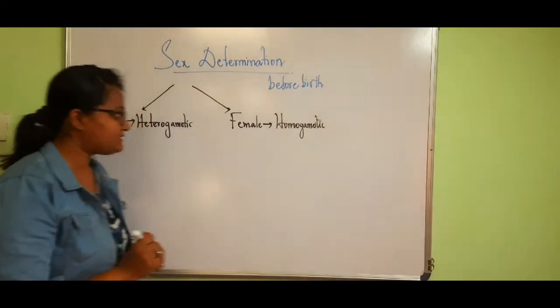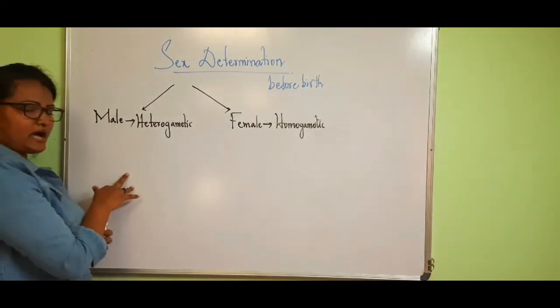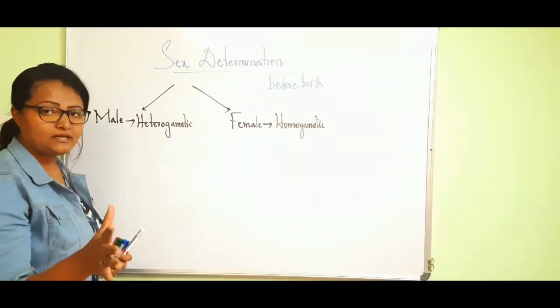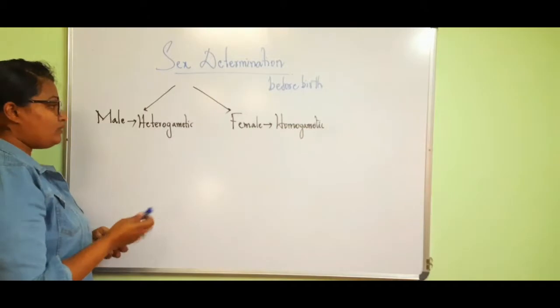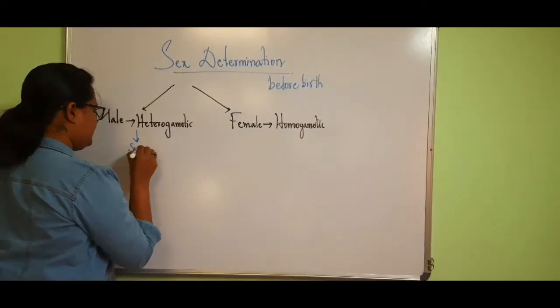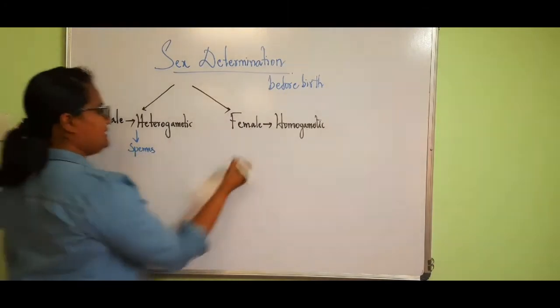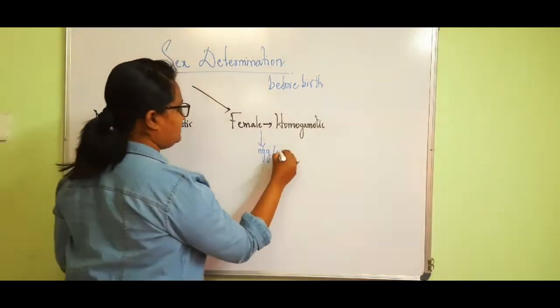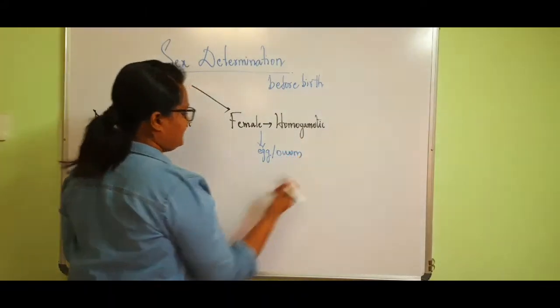Means the gametes produced by the male are heterogametic and the gametes produced by the female, that is the egg, are homogametic. What are the gametes here? Sperms, and here it is egg or ovum, right?